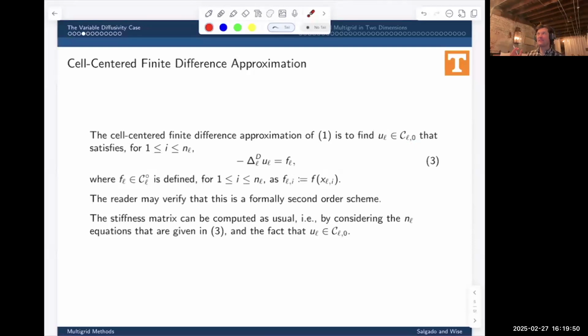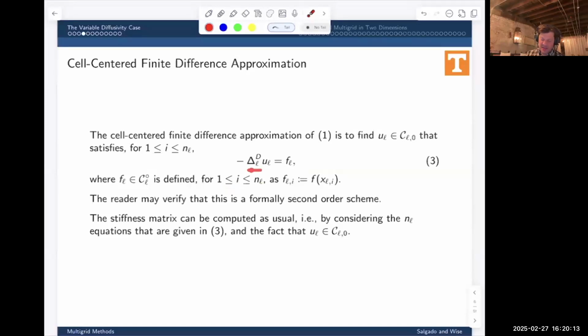And remember, that's a discrete homogeneous boundary condition, meaning we take the average and force that the average is equal to 0 at 0 and 1. We're looking for such a function that satisfies this equation for all I between 1 and n L.